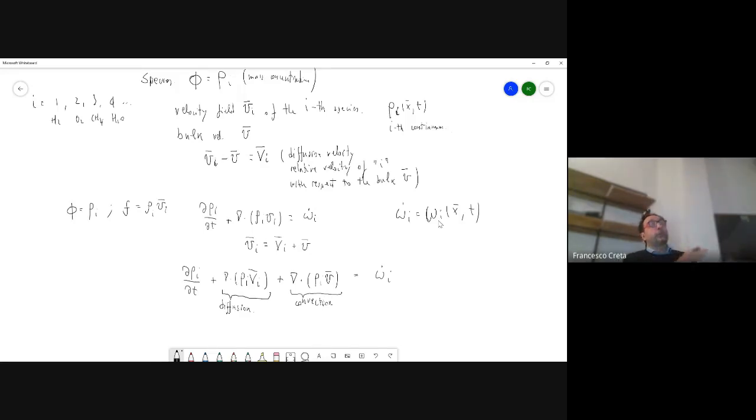And it has to do with the bulk movement of the species I. But imagine that term is zero, V is zero. Then what happens? Well, you can still have some motion. You can still have some transport of species I moving. Why? We'll see very soon, due to something called Fick's law, that there can be a velocity field associated to species I, even if the bulk flow is zero.